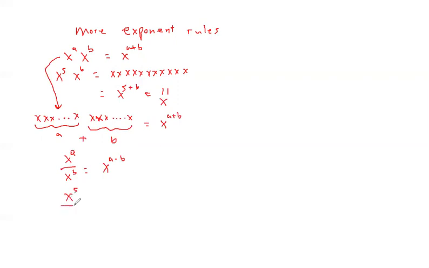If I have x to the fifth over x to the second, then I'm going to have 5 factors of x here over 2 factors of x here. These 2 factors of x cancel those 2 factors of x, and I obviously get x to the third, or x to the 5 minus 2. So there's my 2 rules that we've got so far.